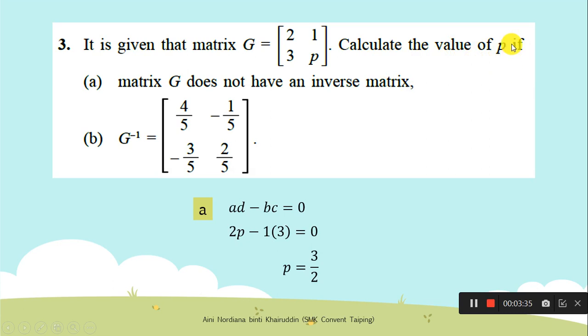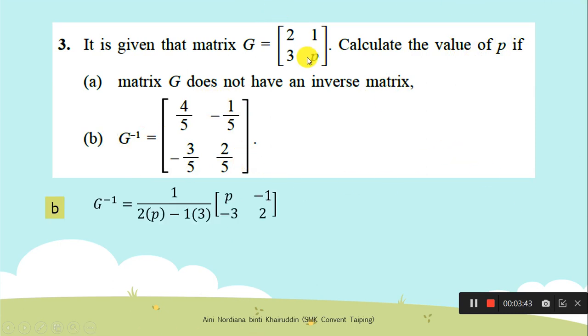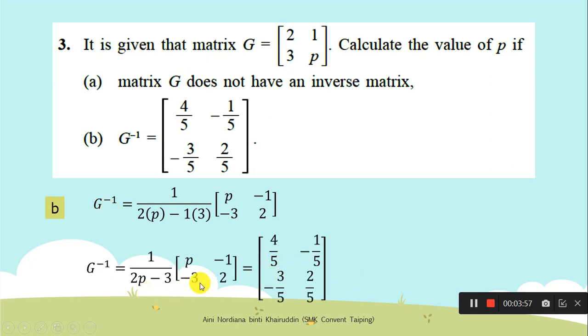Next, calculate the value of P if the inverse of G is this matrix. So this is the formula for obtaining the inverse of matrix G. So just equate it with the given inverse matrix.